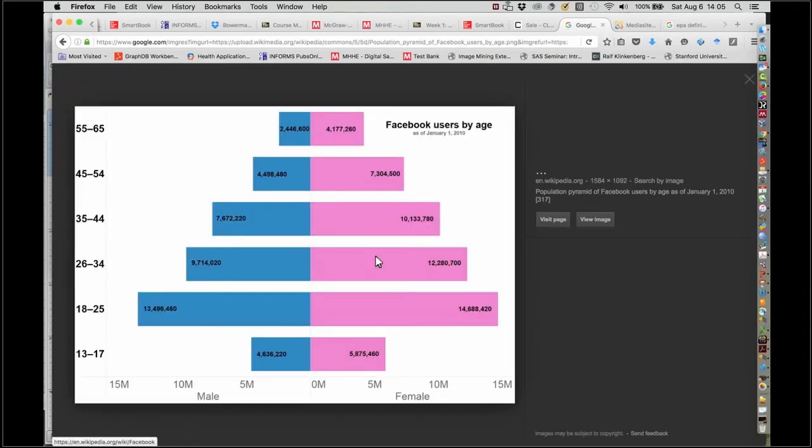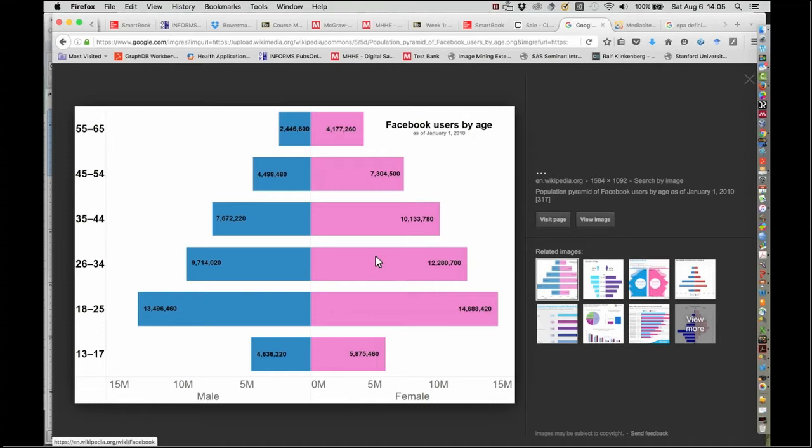Okay, this is the data collected by Facebook developers that tells us that we have different populations using Facebook based on the age range and based on the gender. And as you can see, in all the categories, females use Facebook more than males. So this is data that has been charted in a specific way.